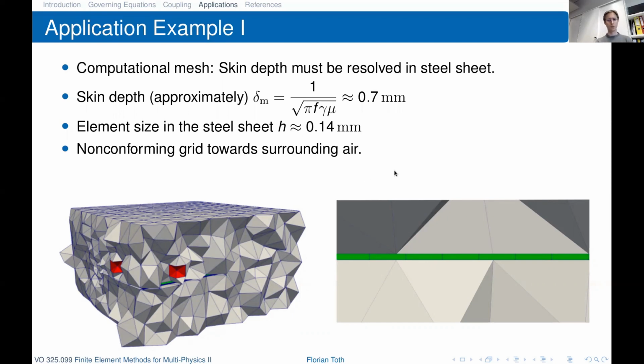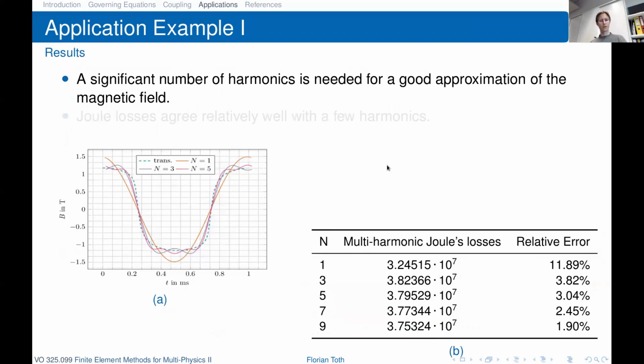And to nicely couple these two domains with different meshing requirements, we will actually use non-conforming grids to couple to the surrounding air. So let's look at some selected results when we look at the time domain solution of the magnetic field in the steel sheet over one period.